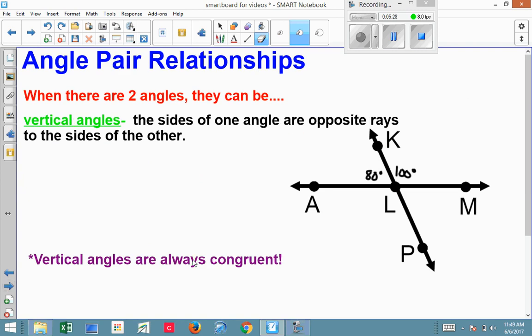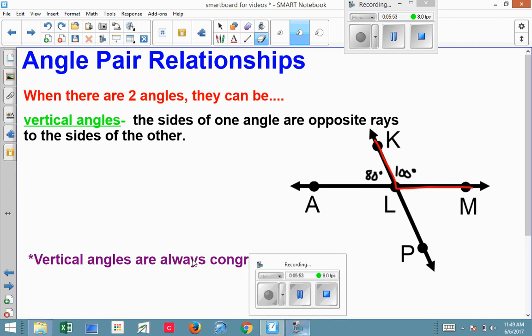Vertical angles are two angles where the sides of one are the opposite rays to the sides of the other. That's sometimes hard to understand based on the definition. It's easier when you're taking a look at the diagram. So, as we can take a look at this diagram here, if I'm looking at angle KLM, well, the angle that is vertical to it is angle ALP.